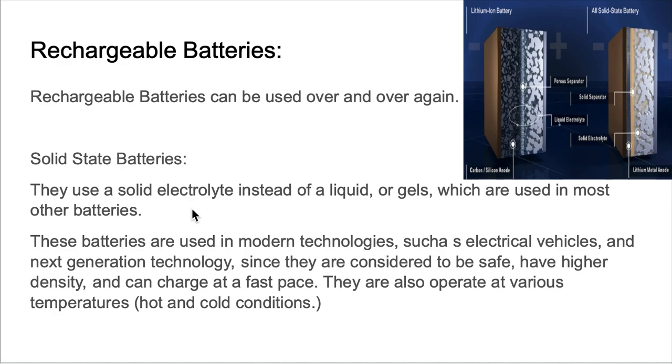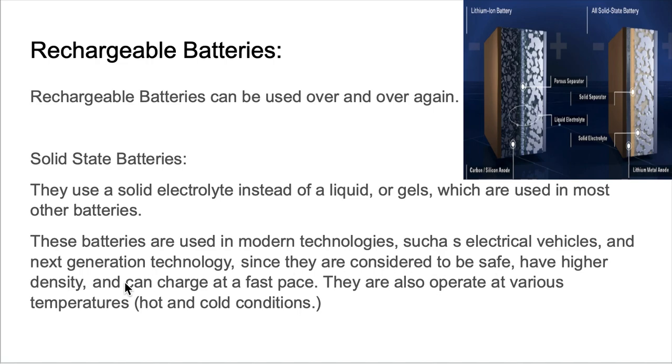They can also be used in various next generation technology, 5G phones and stuff like that, maybe even 6G phones as well. The reason for that is that these batteries are considered to be very safe, safer than other batteries, such as the lithium ion battery here in this image.